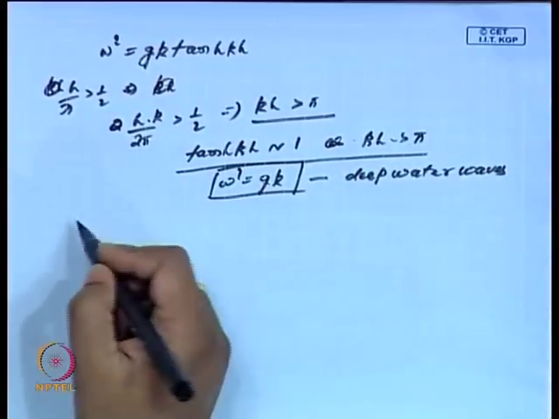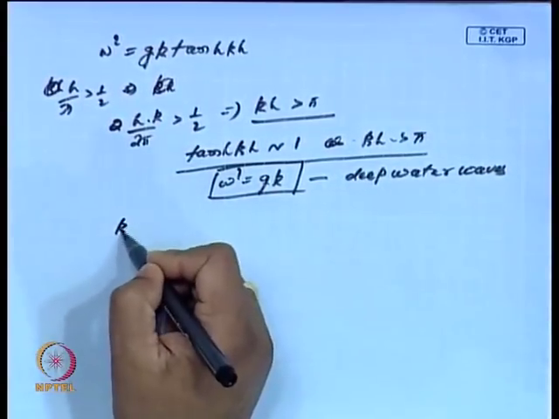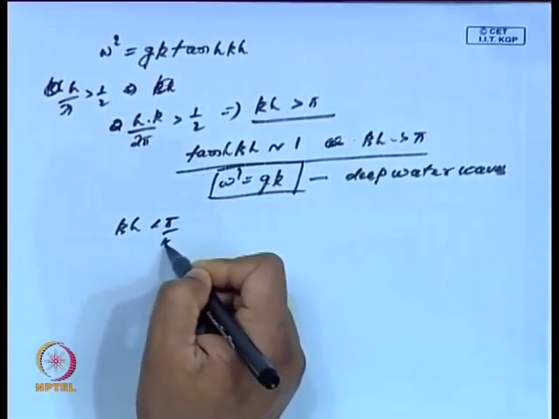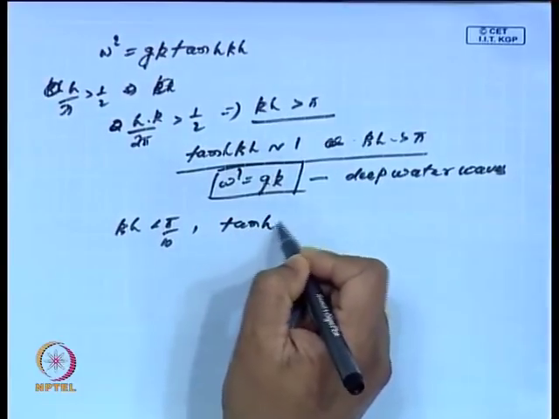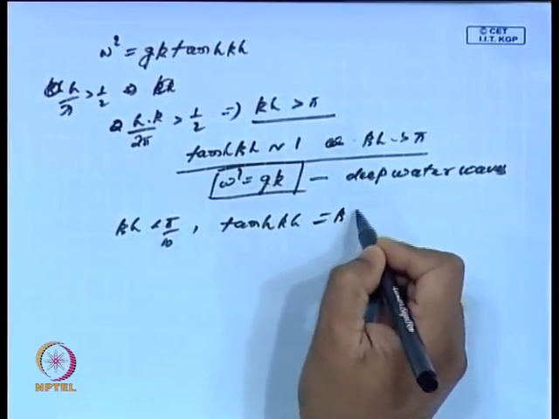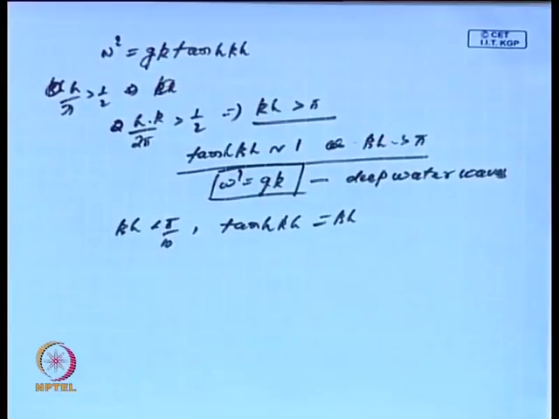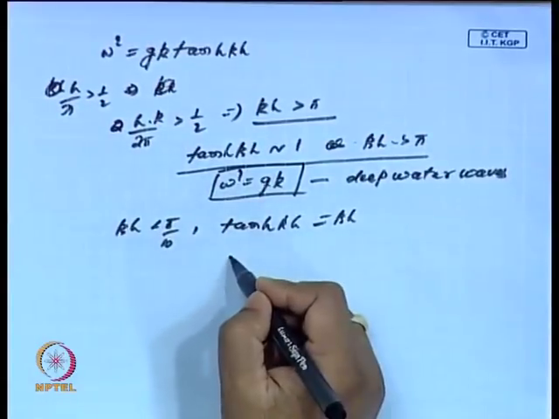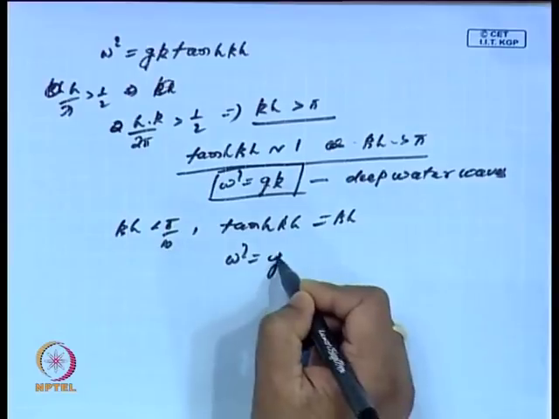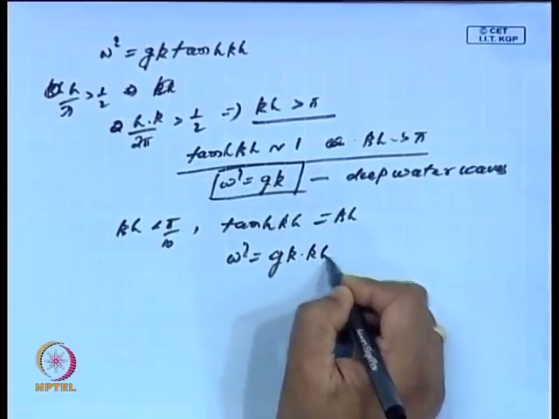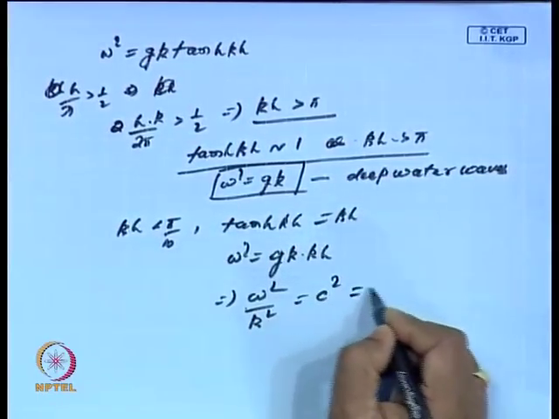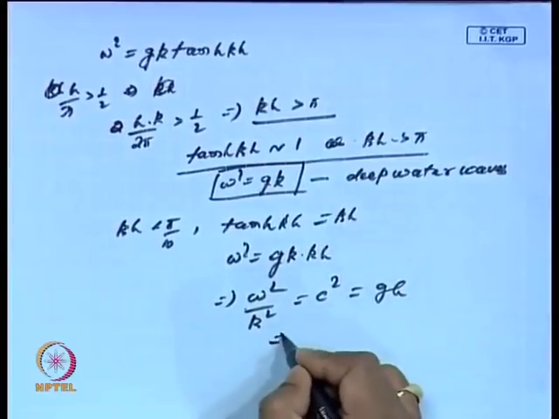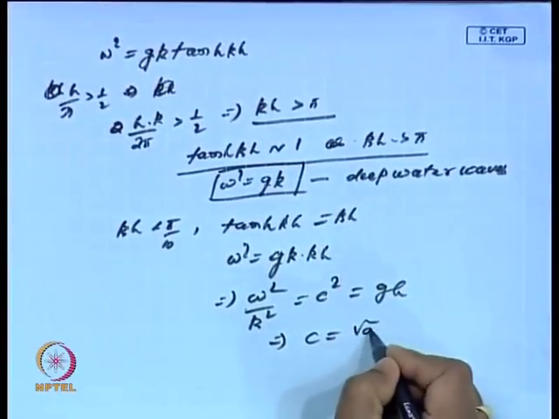In a similar manner, when kh is less than pi by 10, tanh kh becomes kh because it is small. In that situation omega square is gk into kh, which implies omega square by k square equals c square, which is gh, so c is equal to root gh.